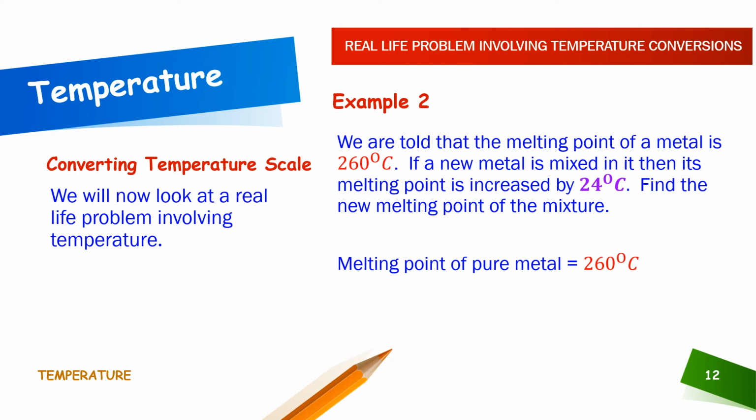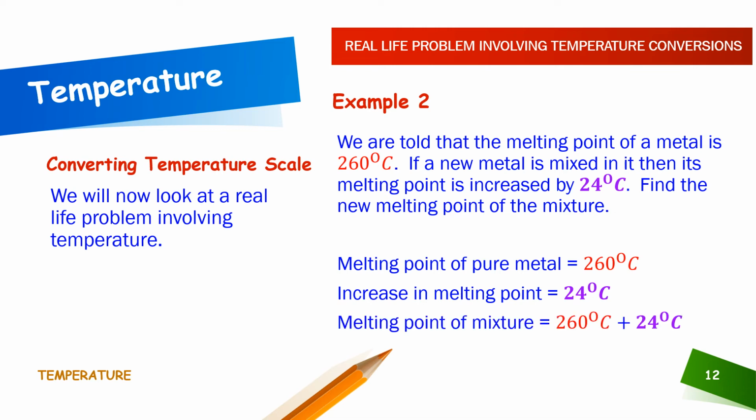We have that the melting point of the pure metal is 260 degrees Celsius, and the increase in the melting point is 24 degrees Celsius. Therefore, the melting point of the mixture is 260 degrees Celsius plus 24 degrees Celsius, which is equal to 284 degrees Celsius.